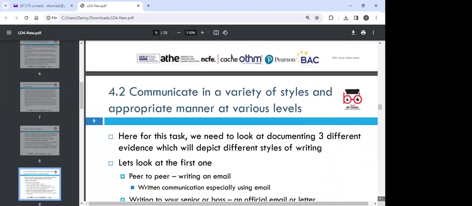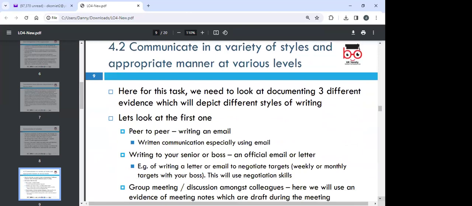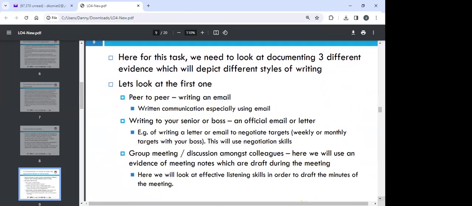Then we have to look into communicating in a variety of styles and appropriate manner at various levels. For this task, let's look at the first one. We can look at peer-to-peer, colleague to colleague. So writing an email or a communication, especially using email, among your colleagues.